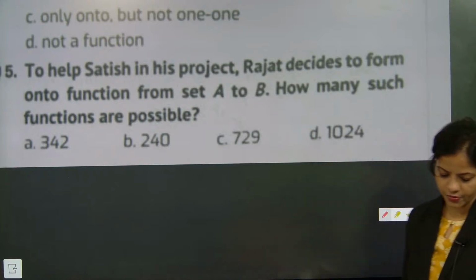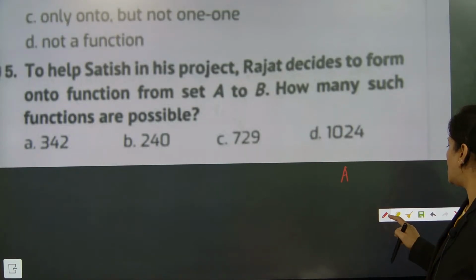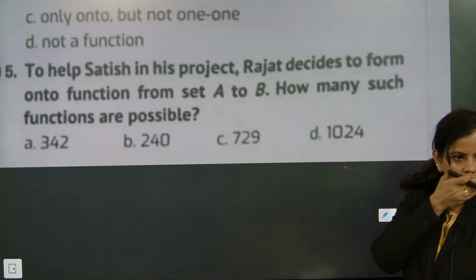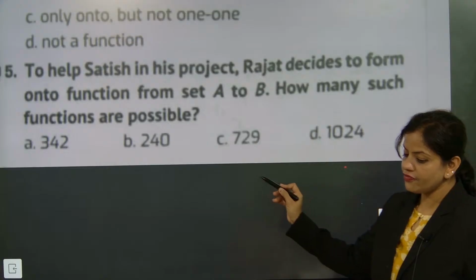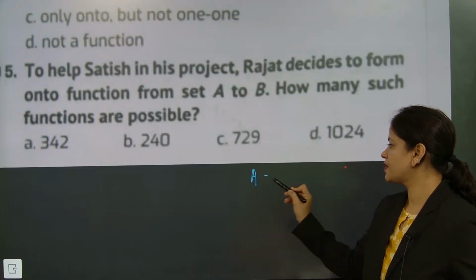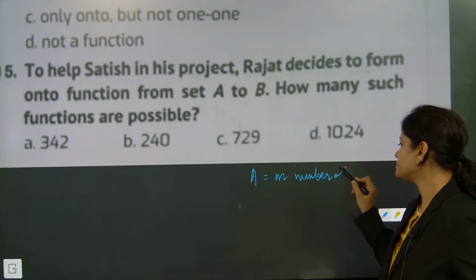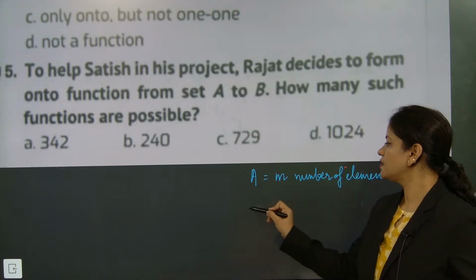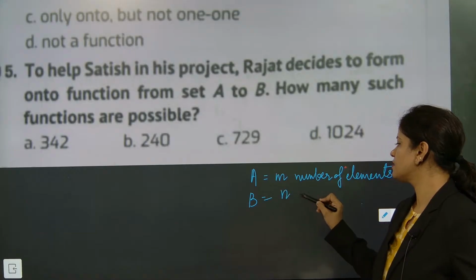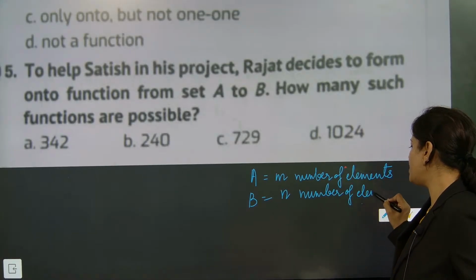Okay, write down the formula. See, A is having, how to write the formula, you check. If A is having m number of elements, B is having n number of elements.